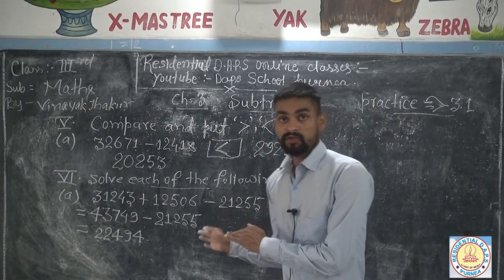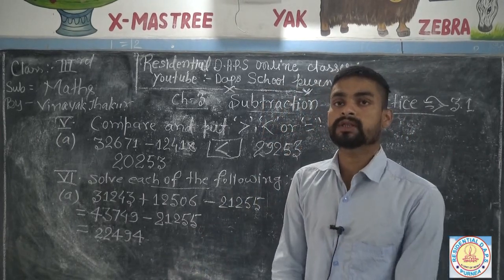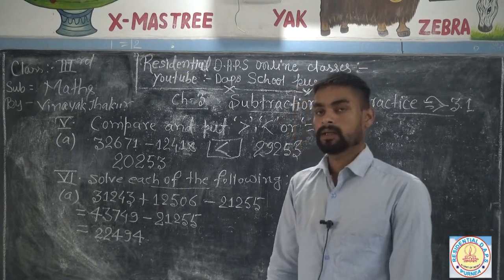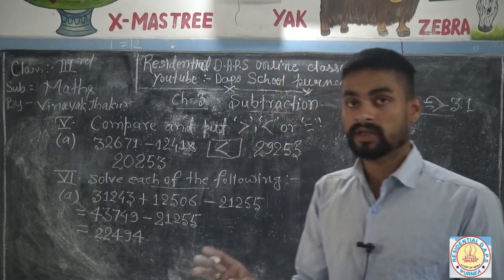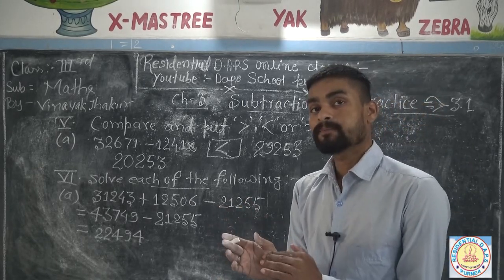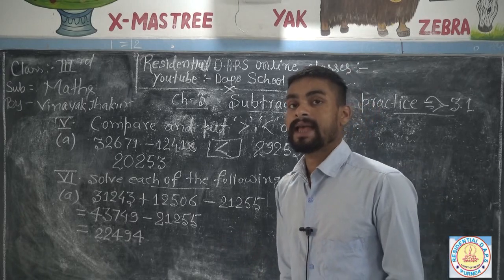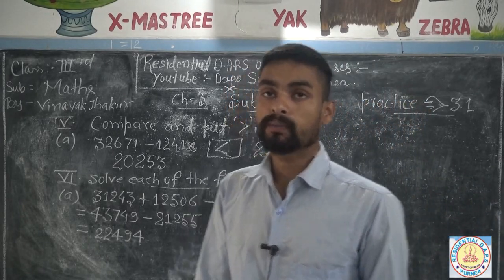So in this way you can solve all your next questions very simply and commonly. So go for it and try to focus on which way the questions are solved in your books and on your blackboard.